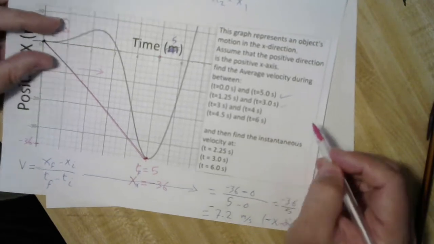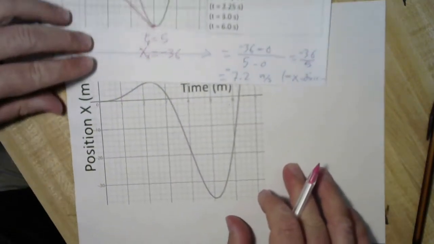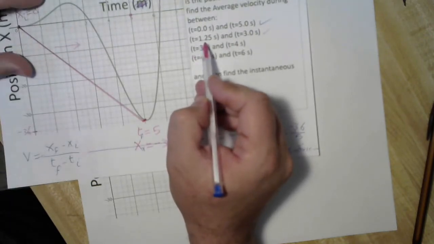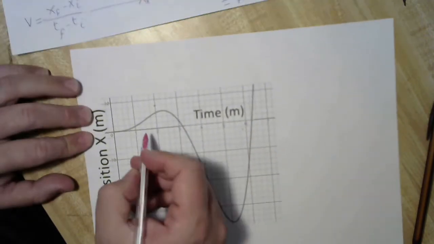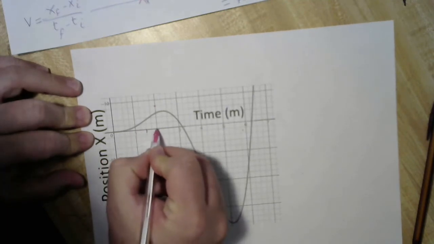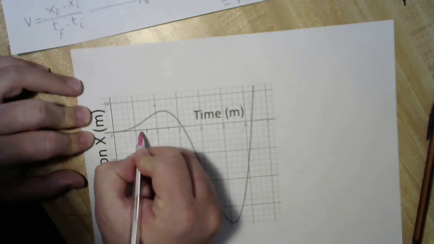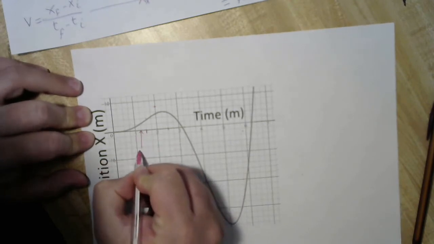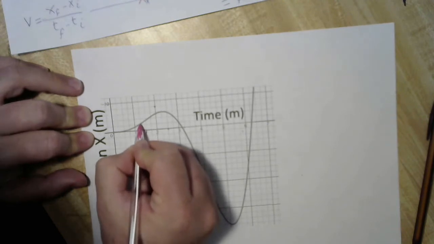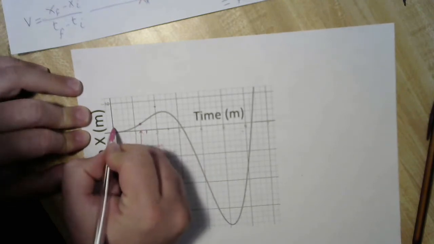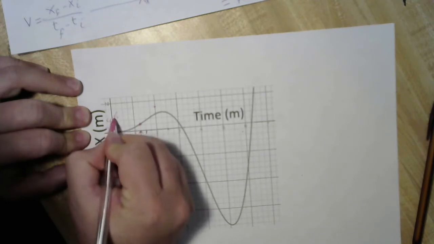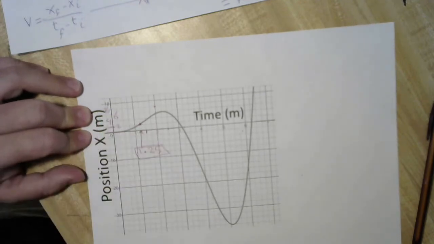next one. The next one, I have t initial 1.25. This is 1. This is 1.5. This is 2. 2.5. This is 1.25. x at this point is almost equal to 2, because this is 2, 4, 6, 8, 10.